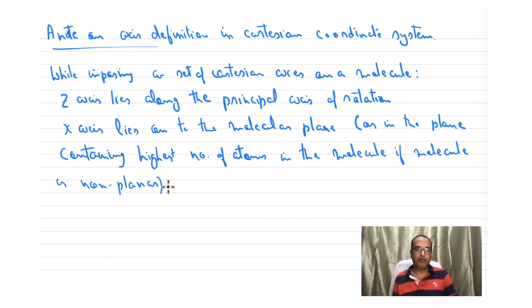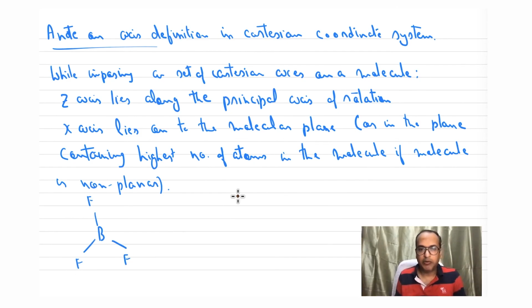So let's say if we want to put our BF3 into the Cartesian system, how do we do that? So this is the right-handed coordinate system, x, y, and z.